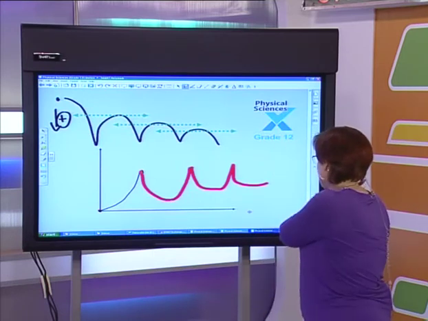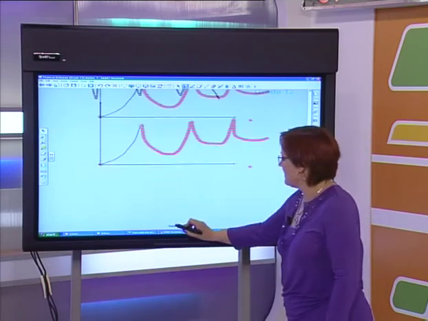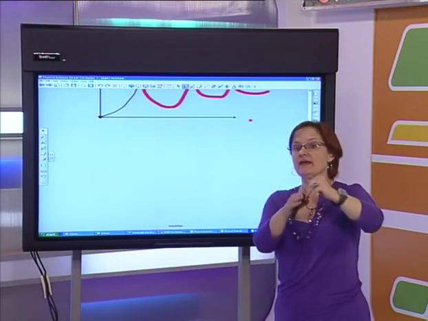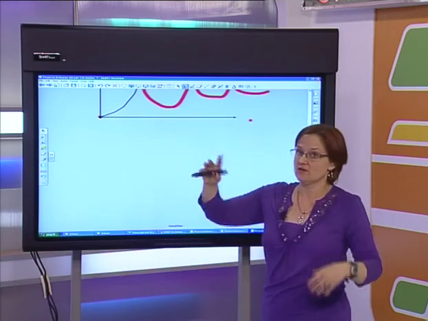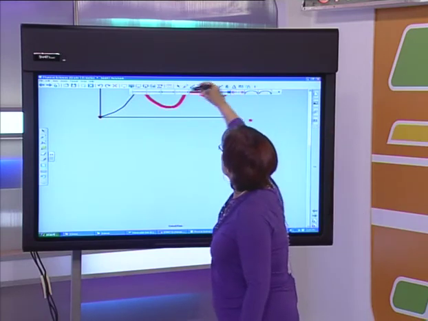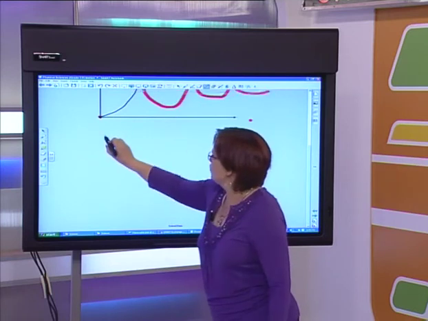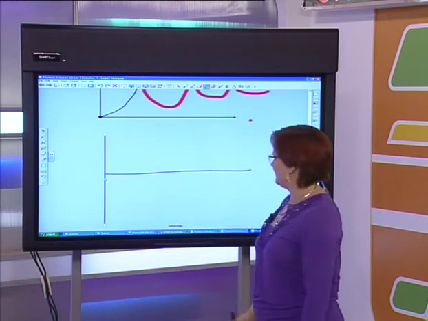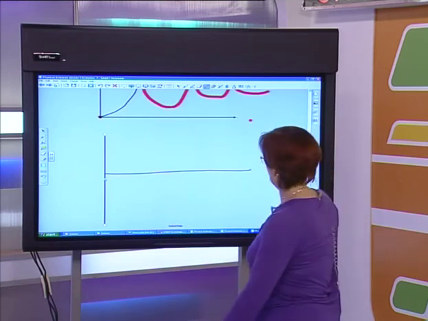So what we need to do there is remember that it's got a positive velocity, then it's got a negative velocity, then it's got a positive velocity, negative velocity. So that means that we need to have a graph that has both positive and negative values, and that is not a straight line.